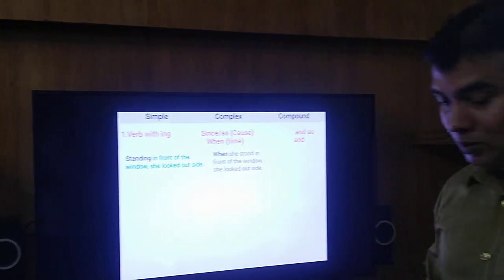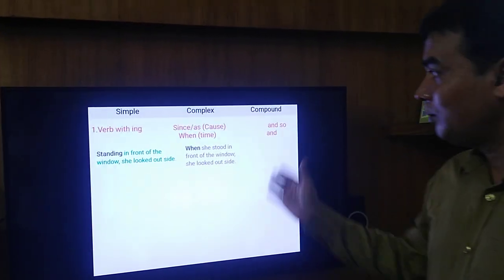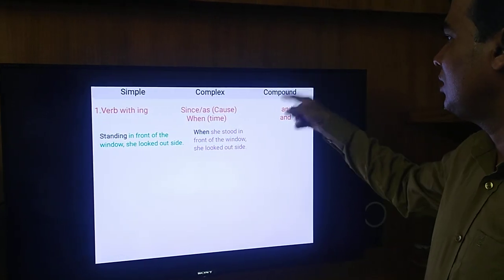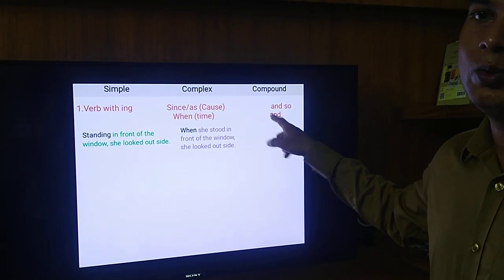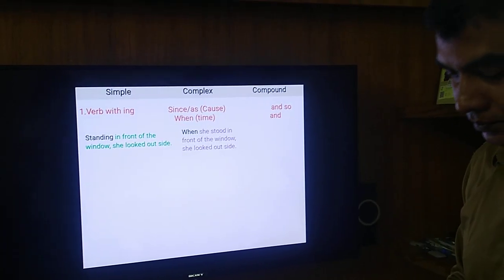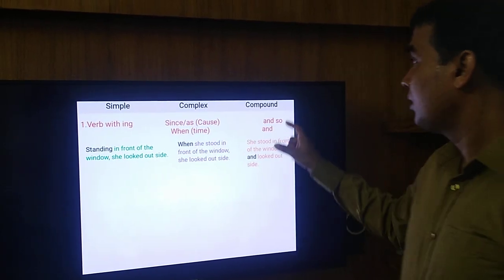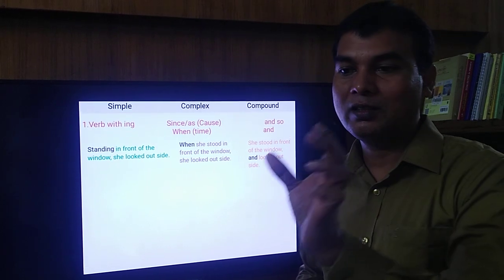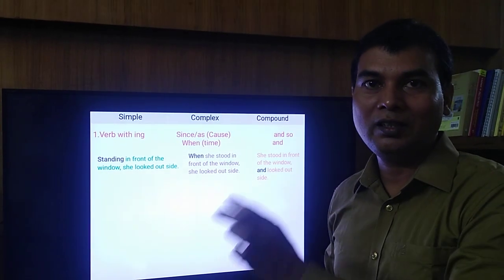Okay, now come to the compound sentence. As I mentioned earlier, this sentence indicates time, so you will use and as coordinating conjunction. So compound sentence means, as I told you, one principal clause, then coordinating conjunction, then another principal clause.